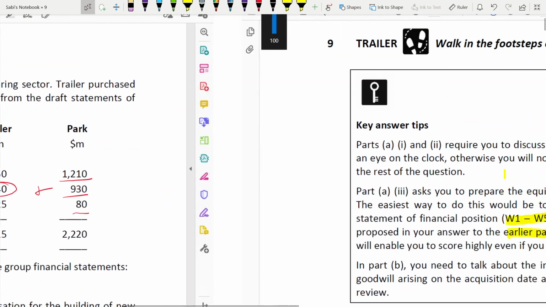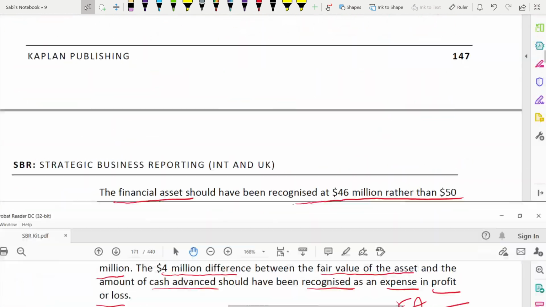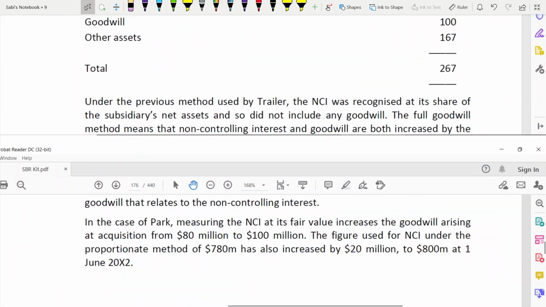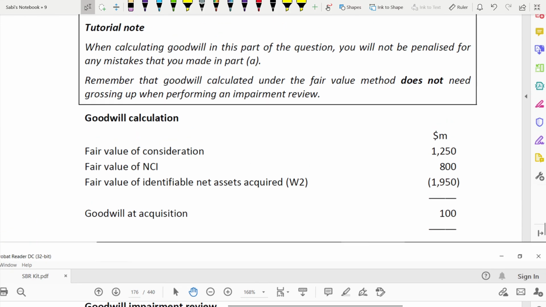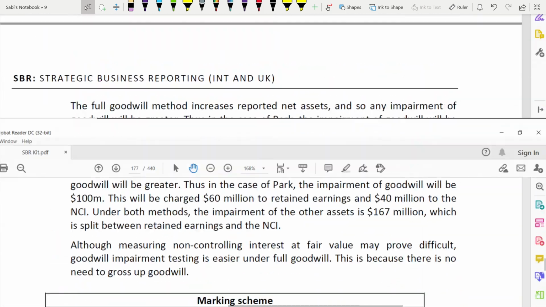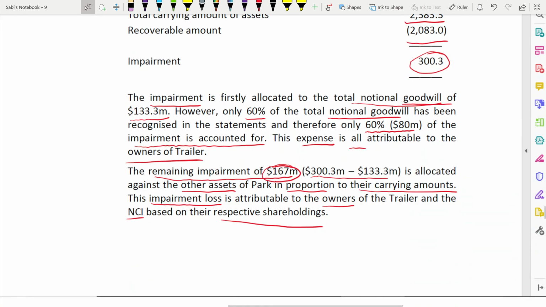We have done so many things, adjustments and all. Part B is quite long.